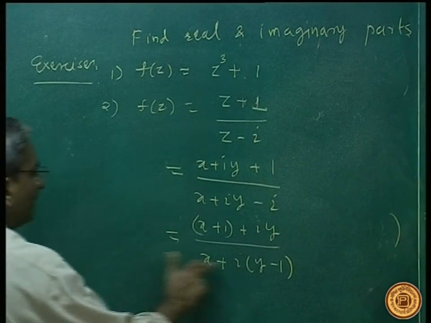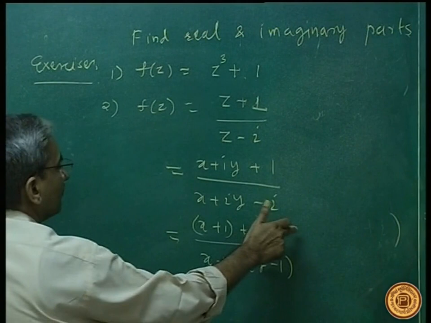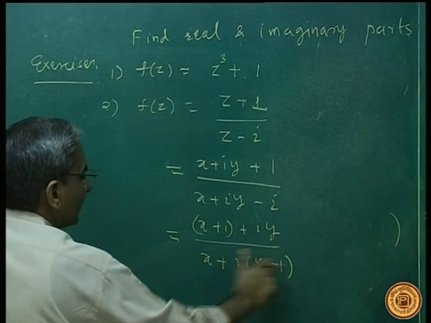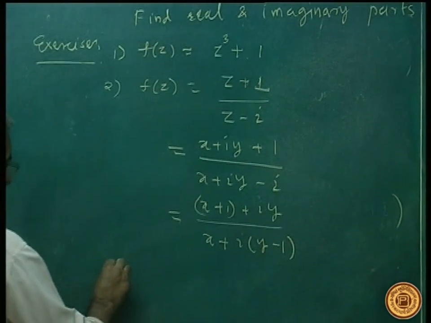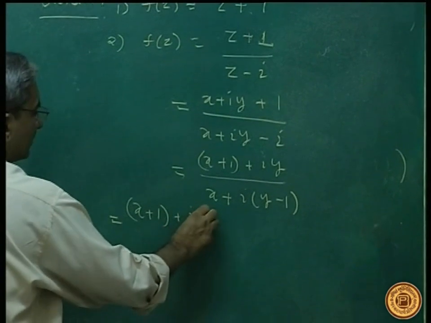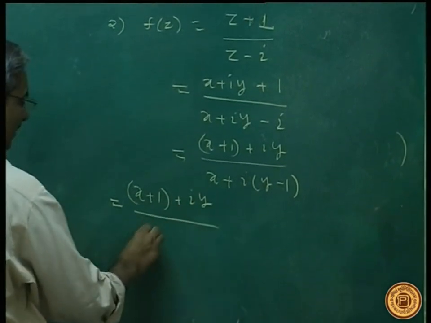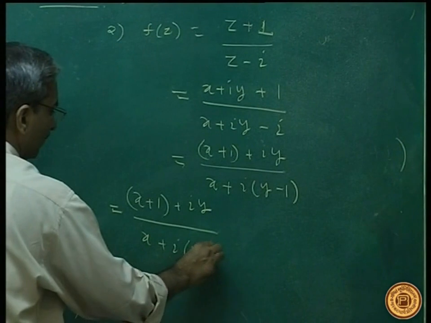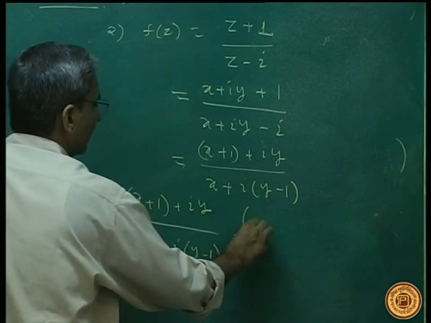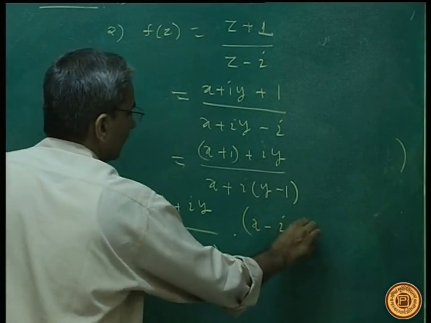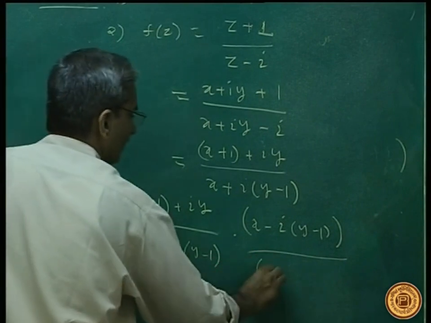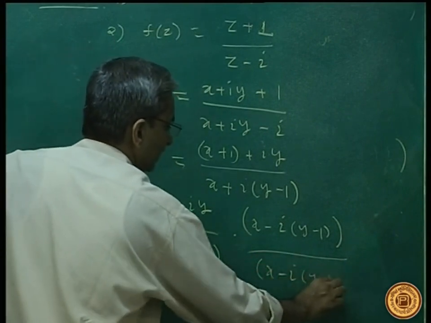You multiply both the denominator as well as the numerator by x minus i times (y minus 1).